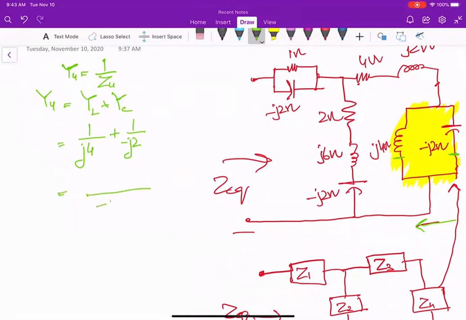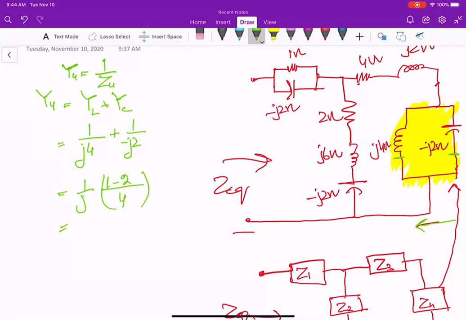So if I try to find the LCM, taking minus 1 over j common and finding the LCM, it will be minus 1 by 4, 1 minus 2, right?